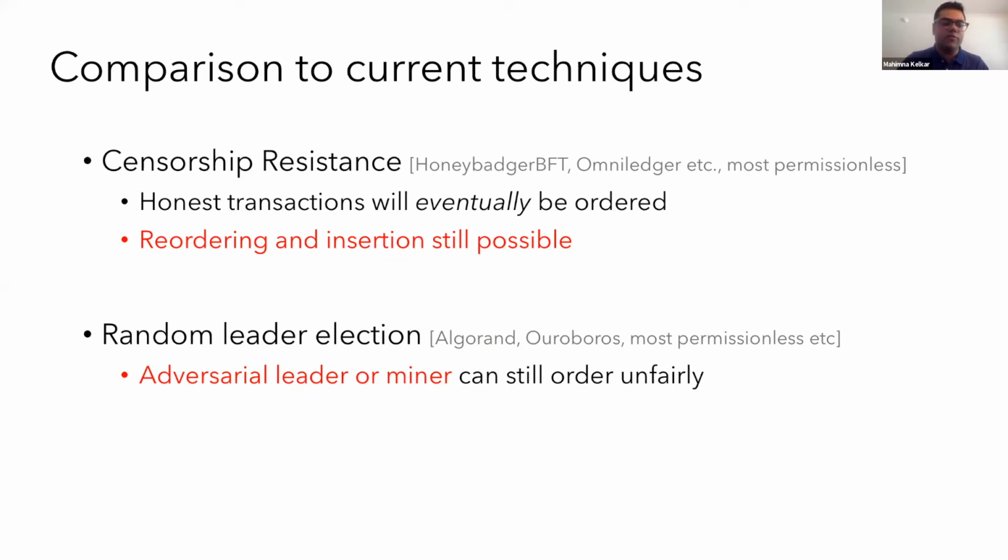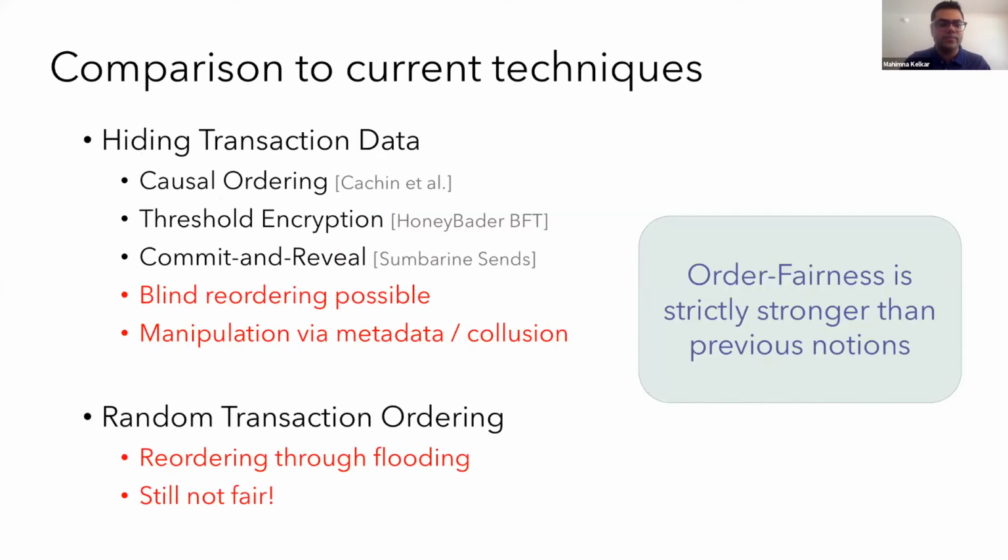But it says nothing about reordering and insertions of transactions or displacement of transactions. So all of this reordering is still possible. Another clever technique is to use random leader election, where you're electing leaders randomly, so you're not focusing on one particular leader to do all of the front running. But here, whenever an adversarial leader gets elected, they can still order unfairly however they want.